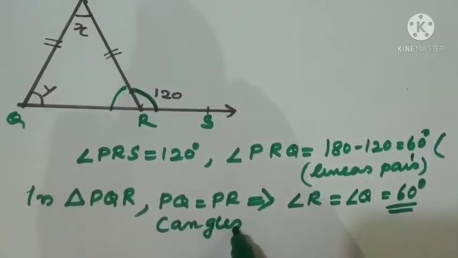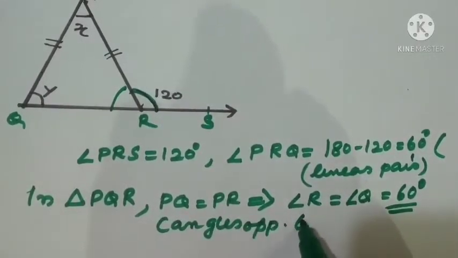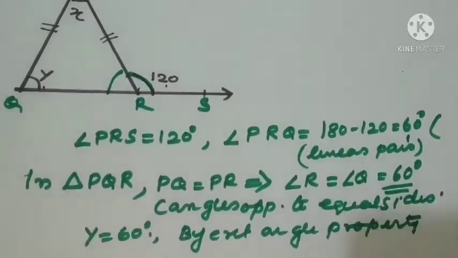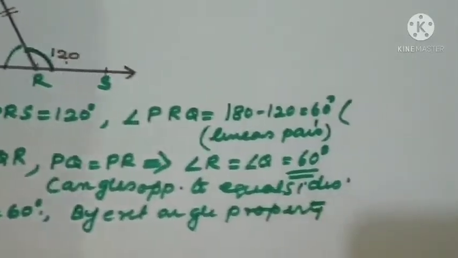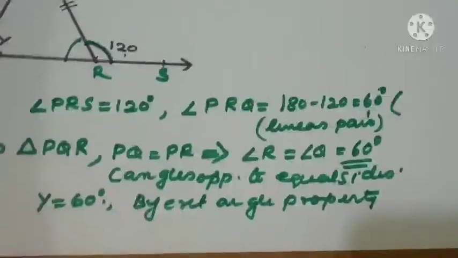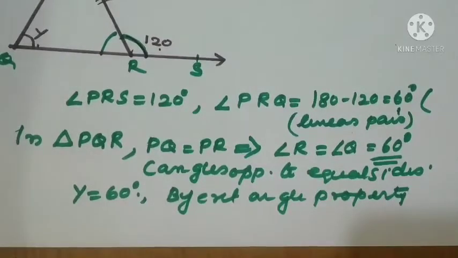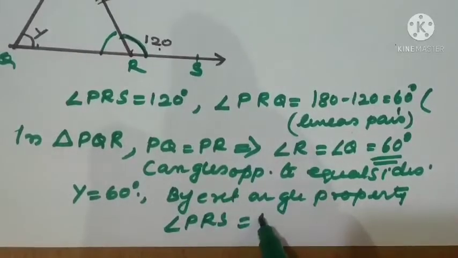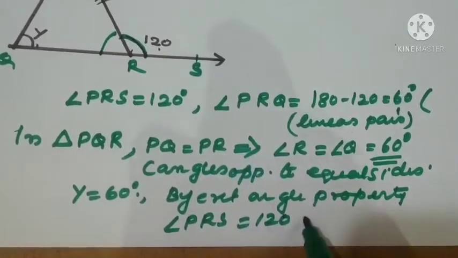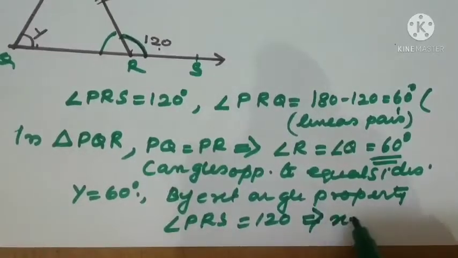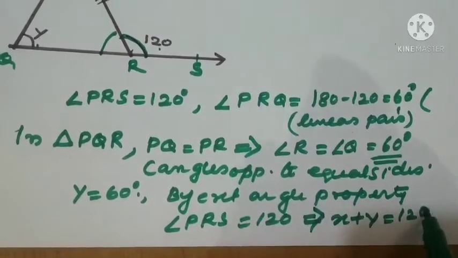Angle opposite to equal side. Therefore angle Y equal to 60. Angle PRS equal to 120, or we can say angle PRS equal to x plus y equal to 120.